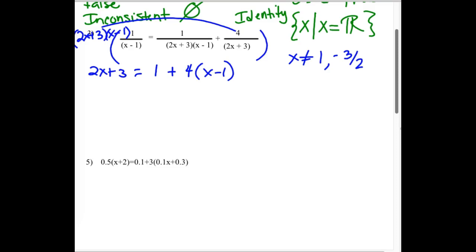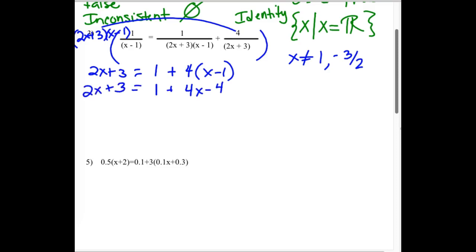What's our next step? Distribute, okay. We end up with 4x minus 4 for that piece.